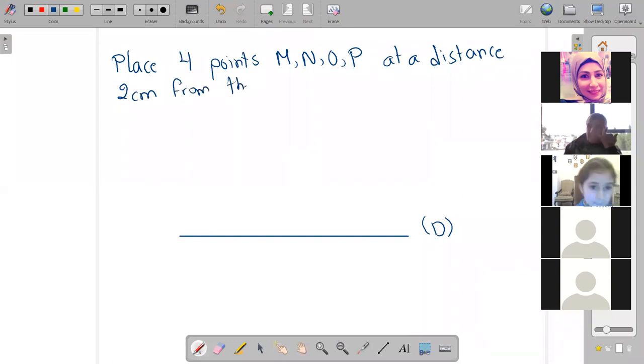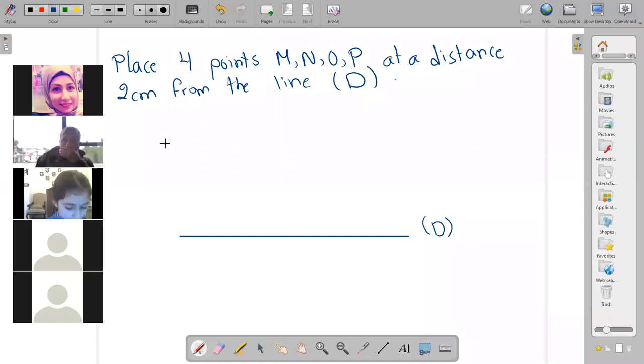From the line D, we have to place 4 points M, N, O, P. Each point is at a distance 2 centimeters from the line D. On Friday, we said the first step in order to place these 4 points, what shall I do first? Did you remember? And of the same side, isn't it?